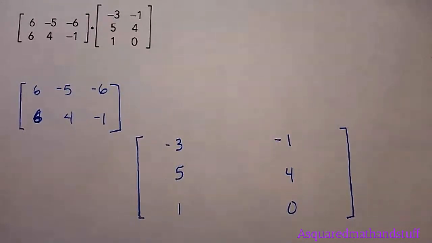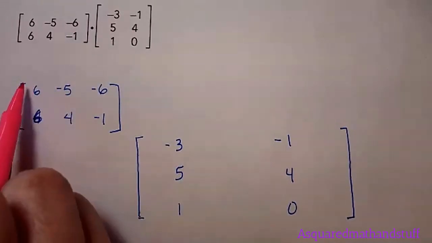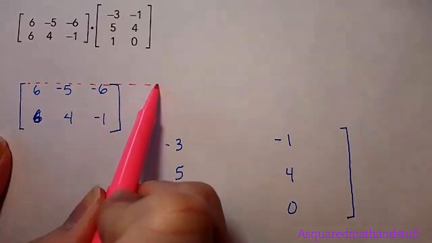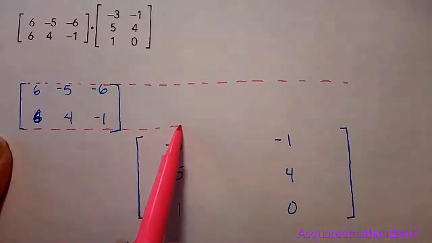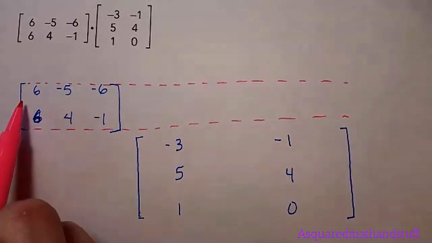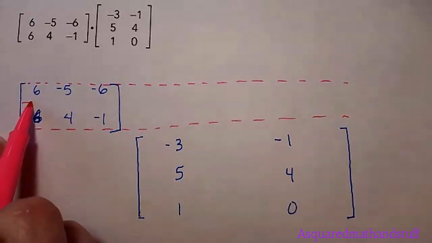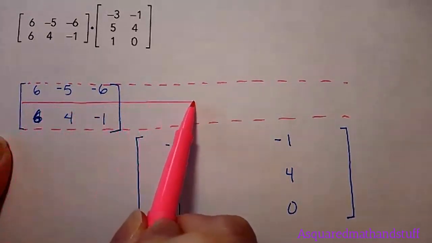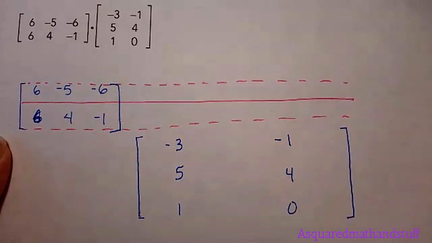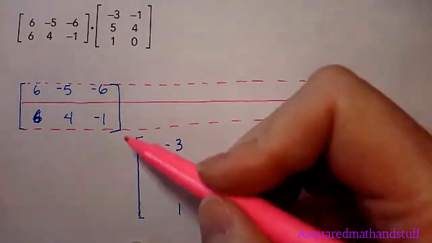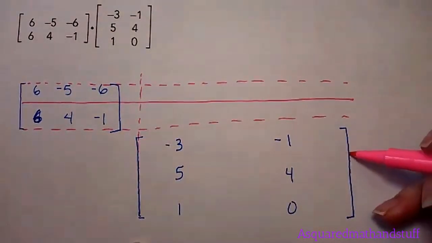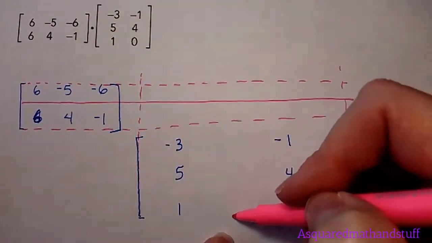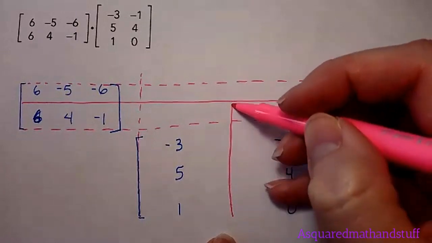What I'm going to do now is extend the top and bottom of this matrix A, the first matrix, and draw a line between each row. And then I'm going to do the same thing for my second matrix. So I'm going to extend this up and then draw a line in between each column.